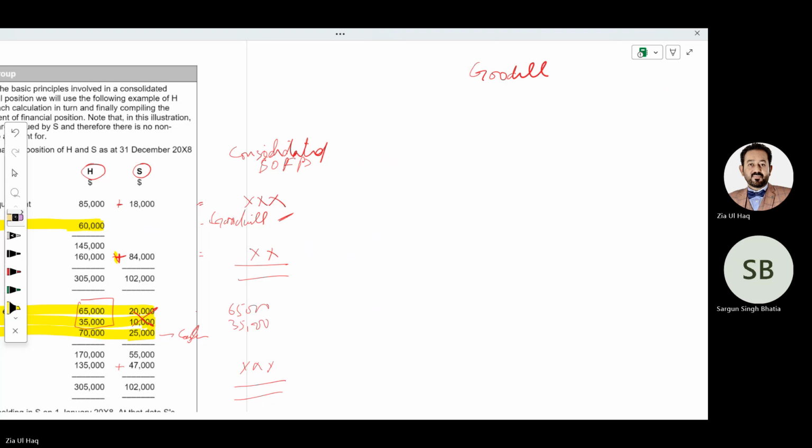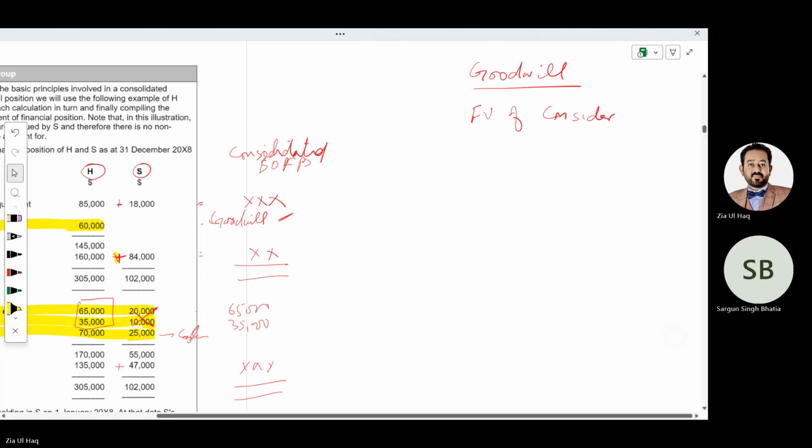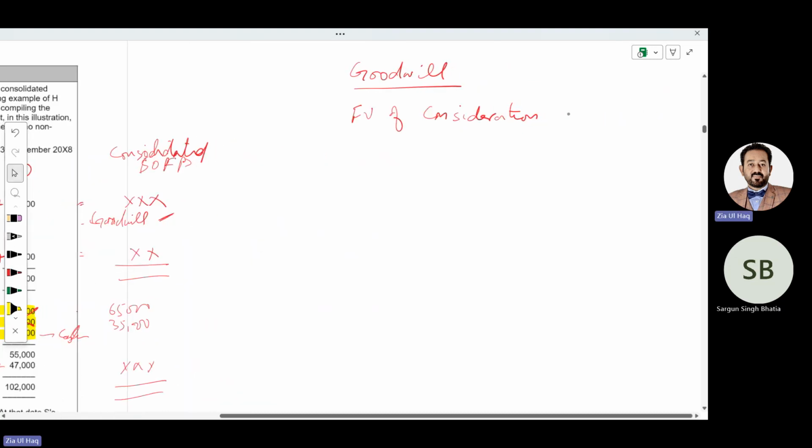Goodwill equals fair value of consideration paid less fair value of net assets acquired.